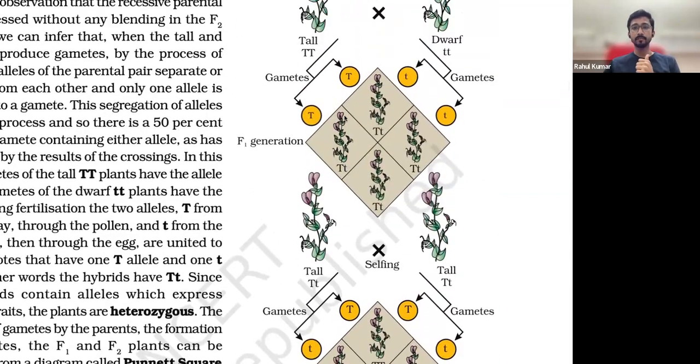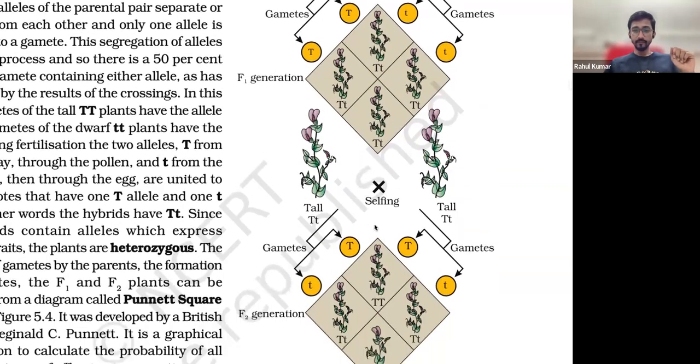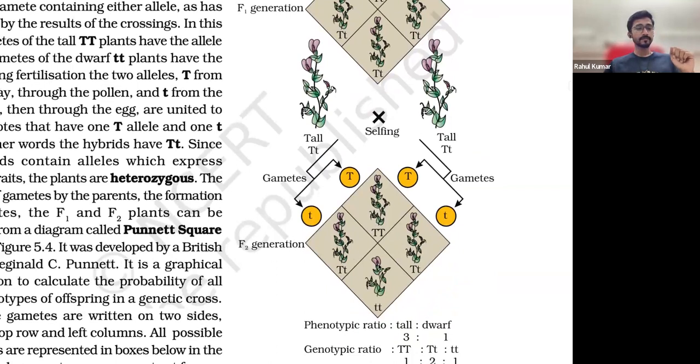Let's go one generation up. This is what you did the first time, right? A tall homozygous and a dwarf homozygous. You crossed, all were heterozygotes and all were tall. So this is the parental generation and there was one dwarf. Then in the F1, was there any dwarf? No. Then in the F2, is there any dwarf again?